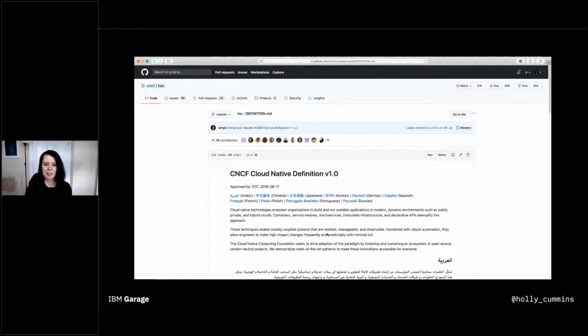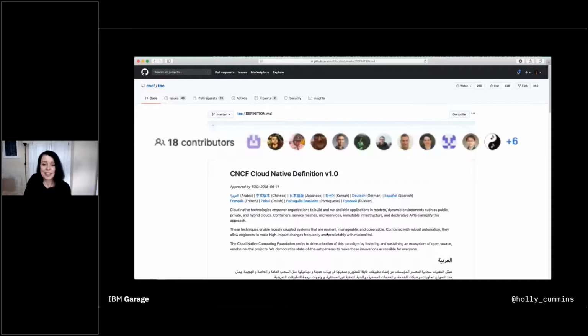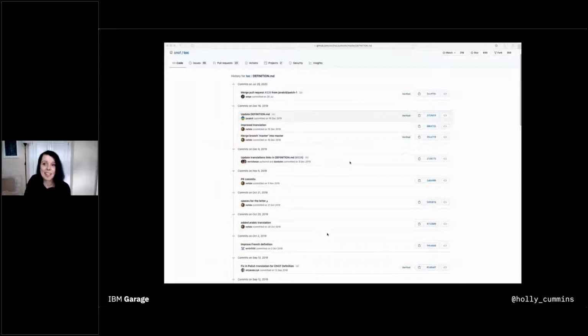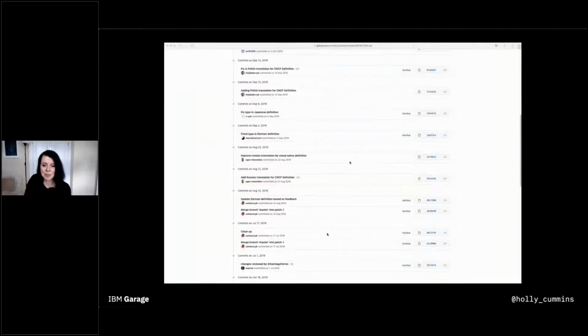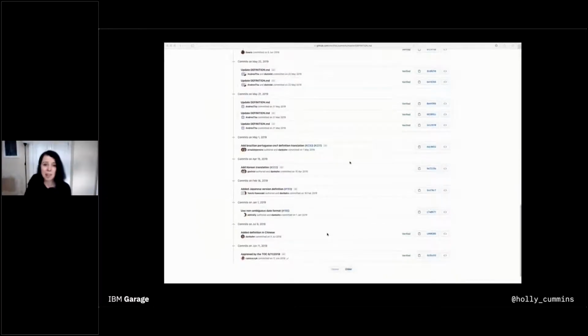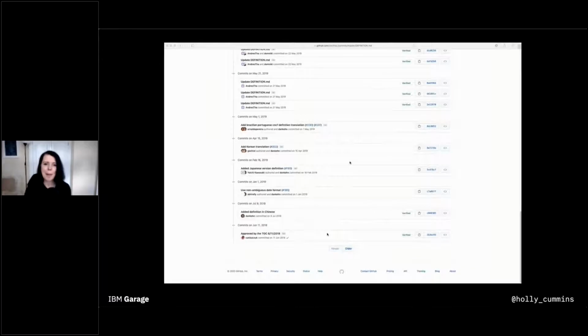And sure enough, it's got 18 contributors, which is a lot of contributors. And if you look at the history, it sort of goes on and on and on. There's been a lot of commits as well. And some of these commits are things like translations, but some of them are really substantial changes to the wording.